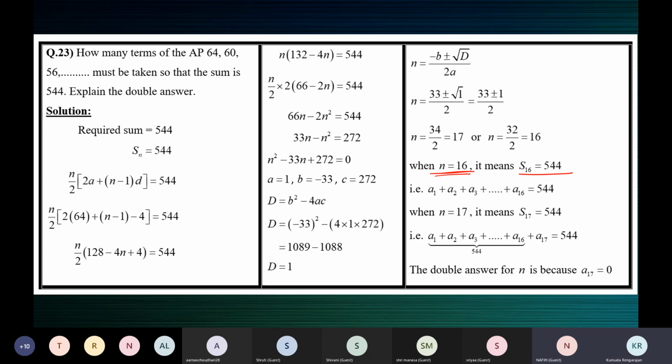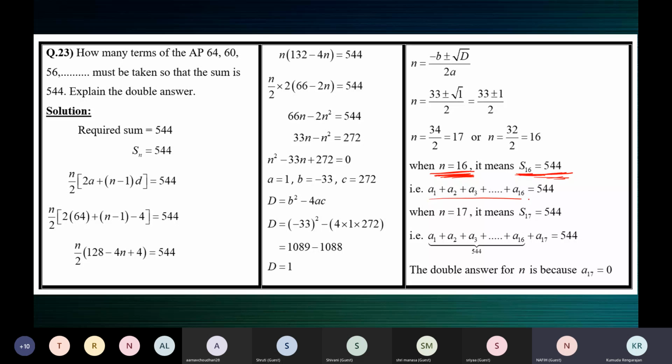N is equal to 16, meaning the sum of the first 16 terms, S16, is 544. That is A1 plus A2 plus A3, so on till A16.